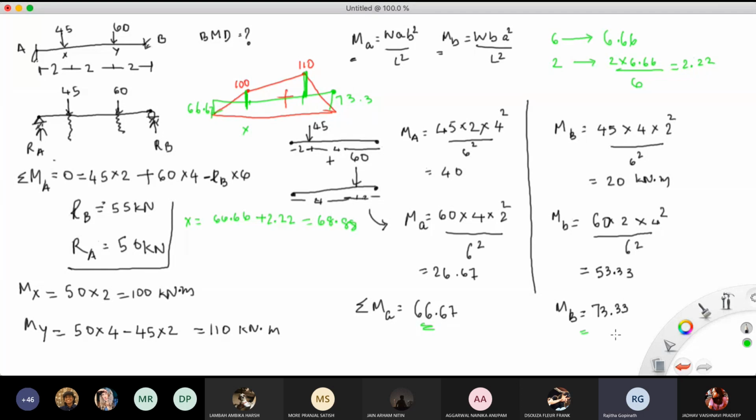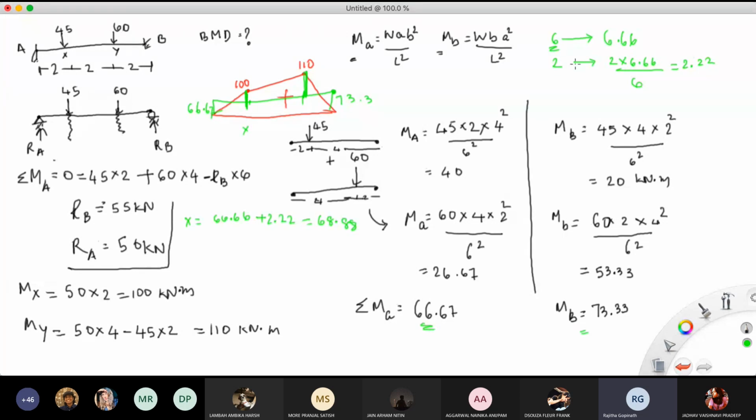So it is increasing from 66.67 at MA to 73.33 at MB. So the difference is the total increase, right? So 73.33 minus 66.67 tells me how much is the total increase for a span of 6 meters. So for a span of 6 meters, 6.66 increase हुआ है.